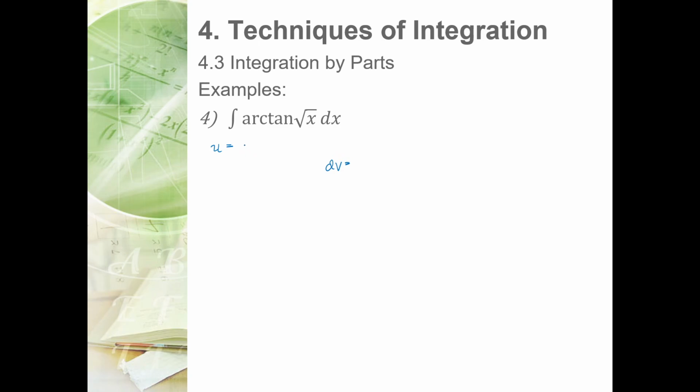So we put arctangent square root of x as your u, and your dv is dx. Always check if everything in the equation has been replaced or declared as your u or your dv. There's nothing left to declare.